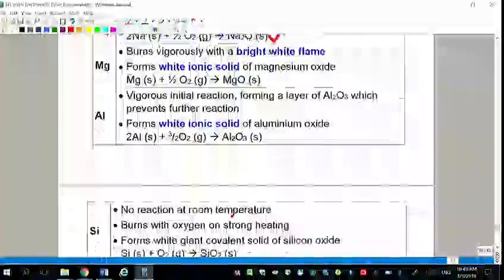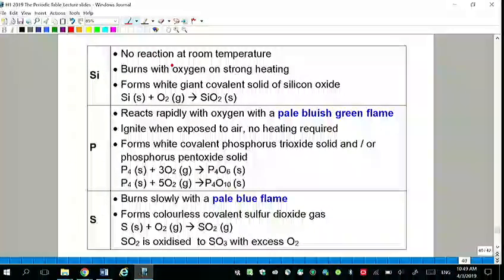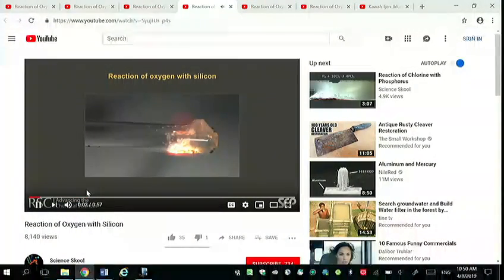Now the next one is silicon. Take note that there's no reaction at room temperature. Only when you do it under strong heating will there be a reaction with oxygen to form silicon dioxide. Let's see what happens. Fast forward.